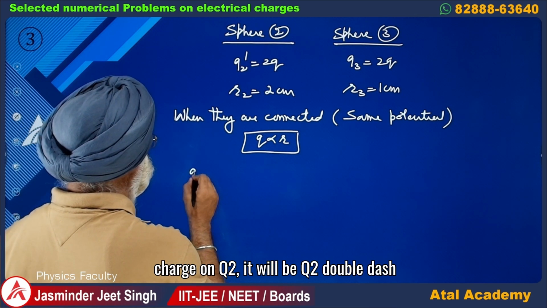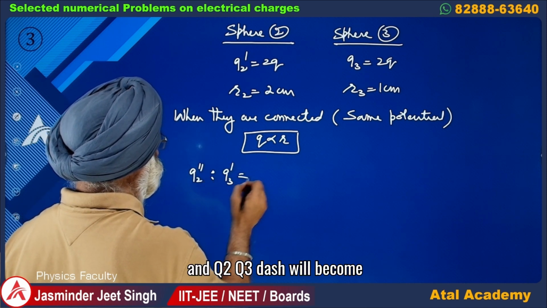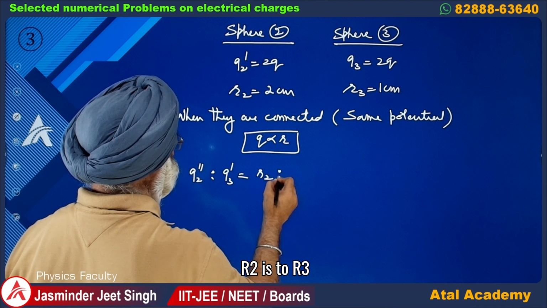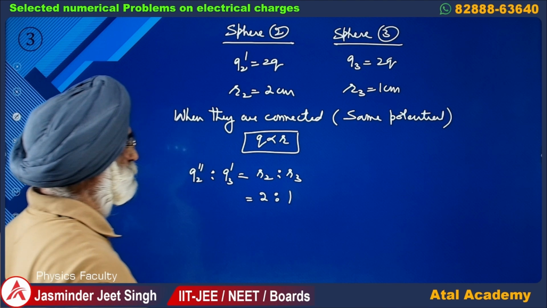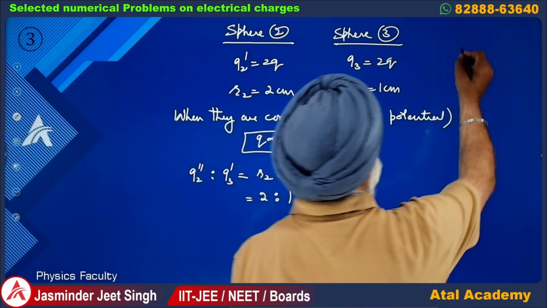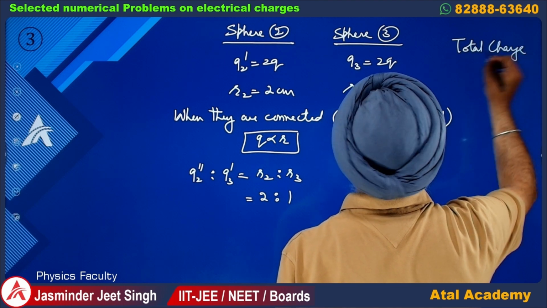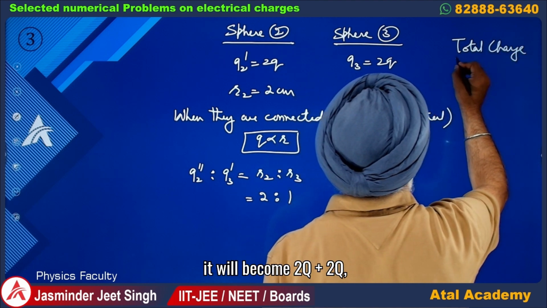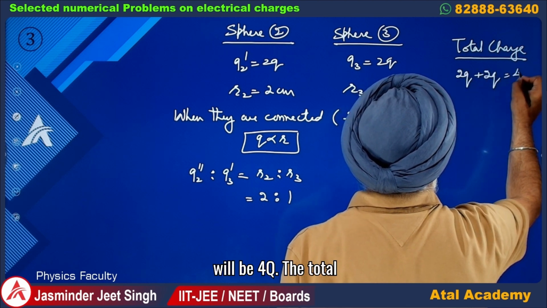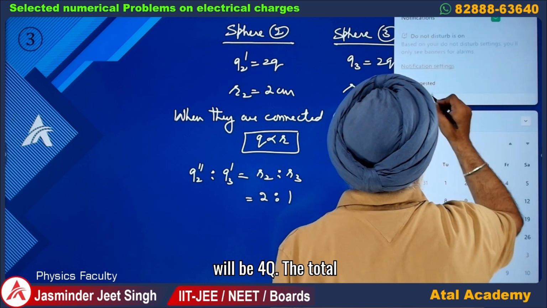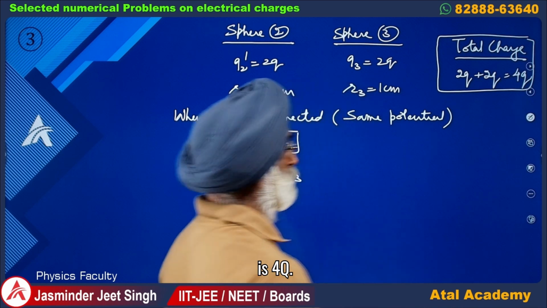That means the final charge on Q2 will be Q2 double dash, and Q3 dash will be in the ratio R2 to R3, which is 2 is to 1. And the total charge which is to be redistributed will become 2Q plus 2Q, that will be 4Q. The total charge which is to be redistributed is 4Q.